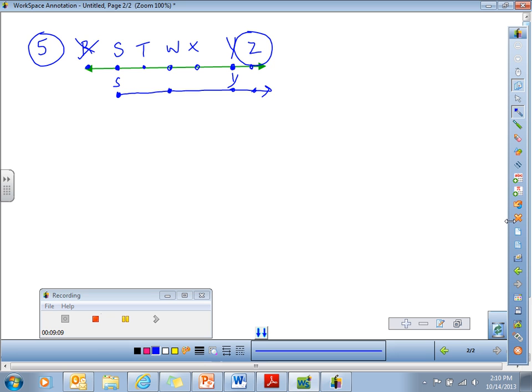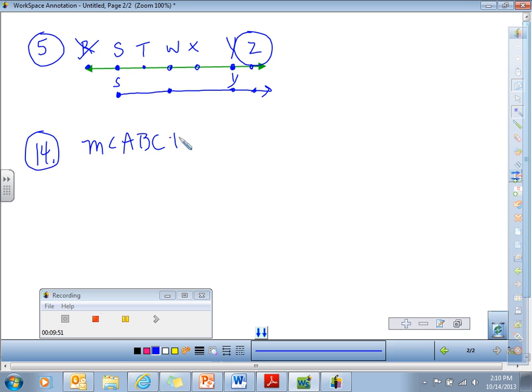Okay, 14 says they are supplementary. ABC and CBD are supplementary angles, therefore they add to give you 180. So the measure of angle ABC plus the measure of angle CBD is equal to 180.